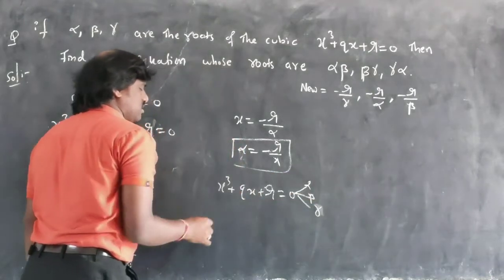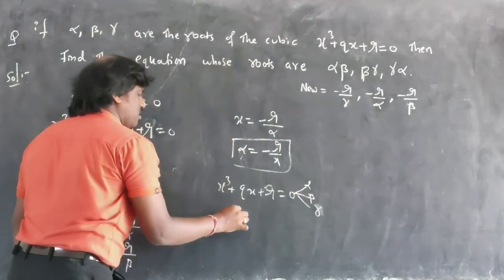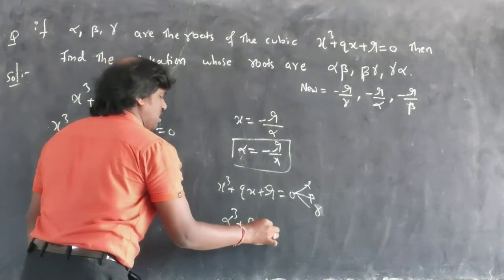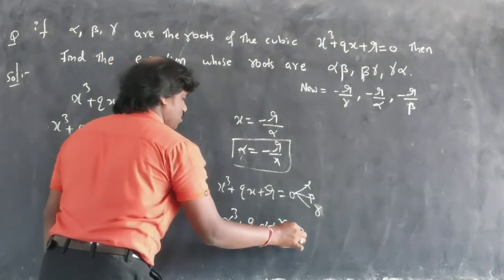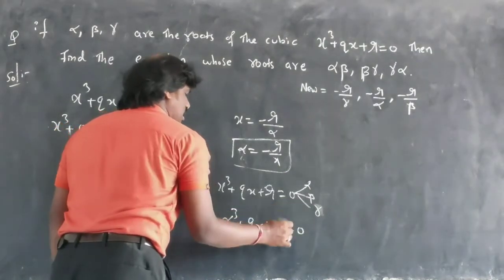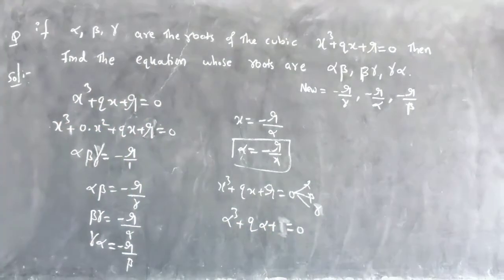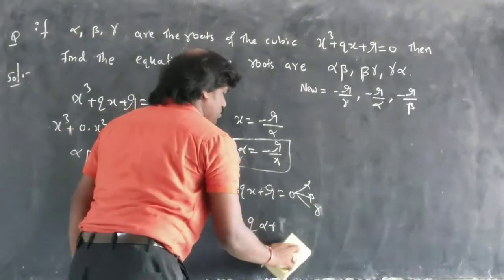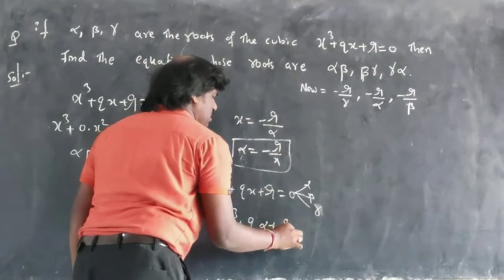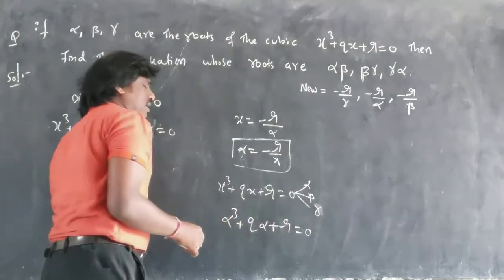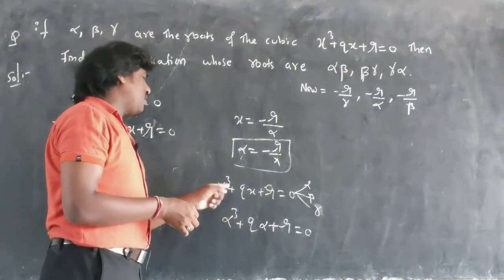Alpha cube plus q into alpha plus r is equal to 0. I write r in this way, otherwise gamma and alpha will be confused. So what I am doing here is substituting the alpha value.